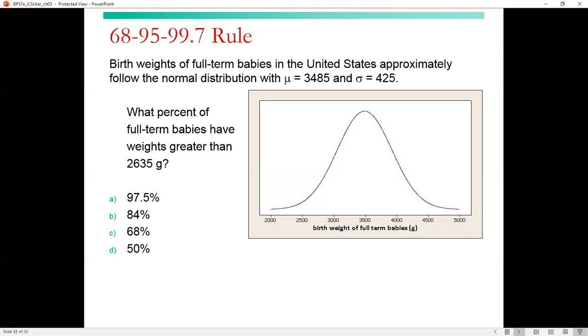If we subtract 2 standard deviations, we get to the value 2,635. So to see what percent of full-term babies have weights greater than 2 standard deviations below the mean, we know by the 68, 95, 99.7 rule that we'll have a minimum of 95, and we won't be more than 99. So as a result, we can trap ourselves into the 97.5%.